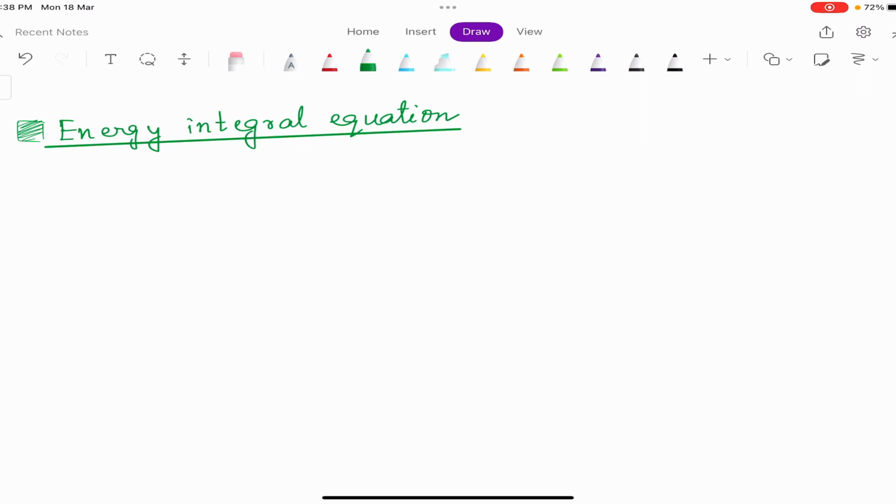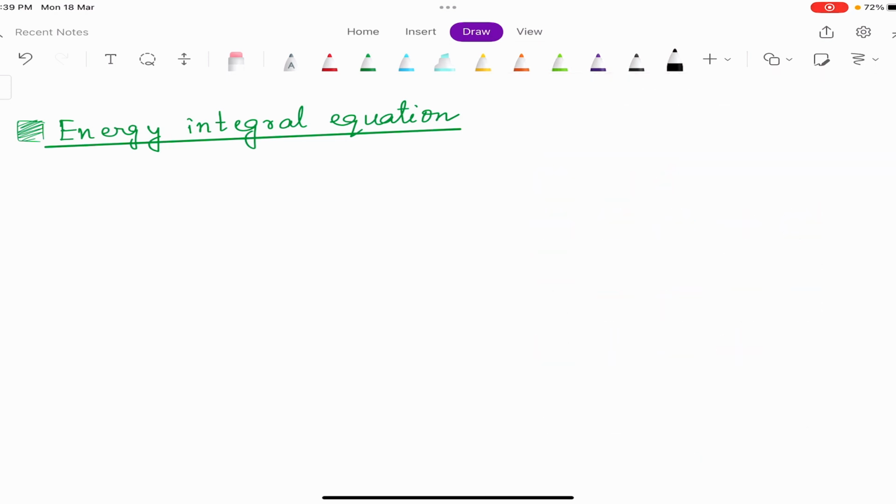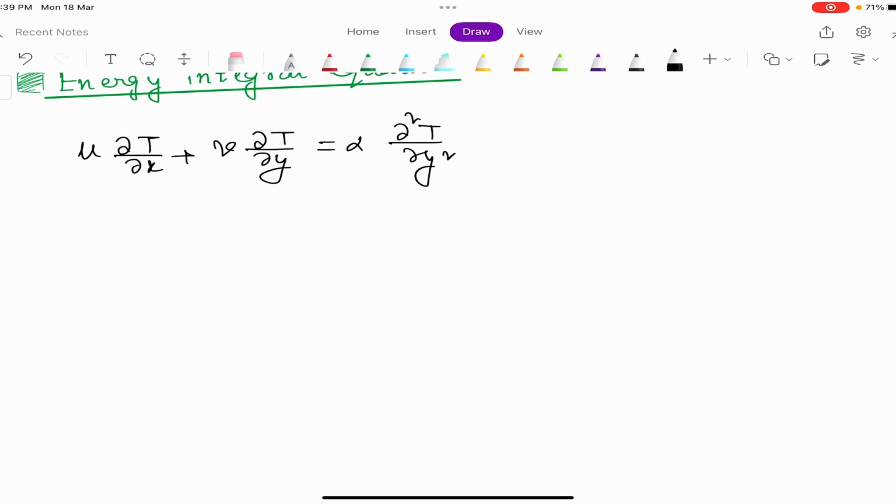What will be the first step? The energy equation for the boundary layer on a semi-infinite flat plate. So that will be: u ∂T/∂x plus v ∂T/∂y is equal to alpha ∂²T/∂y², because the scale of x is larger than y.